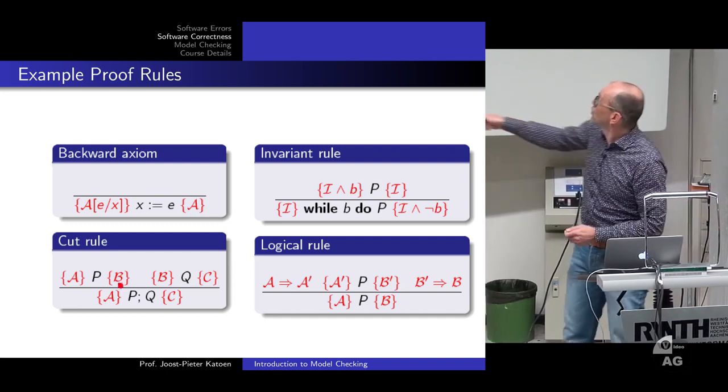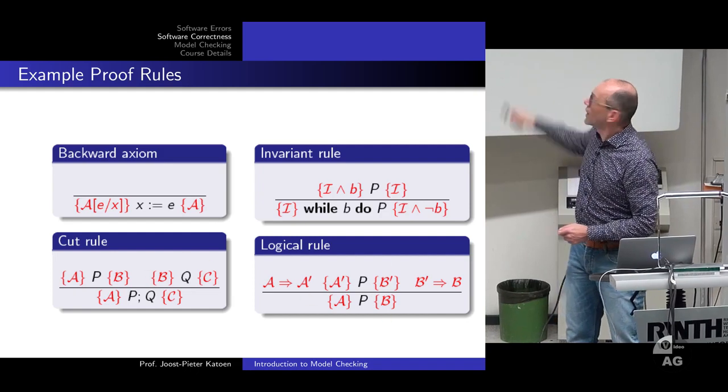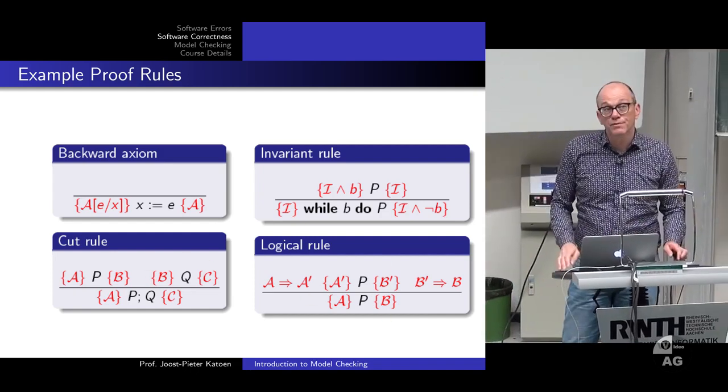Yeah? So here you see that you do not always have to have exactly B, but this rule allows you to also do implications.